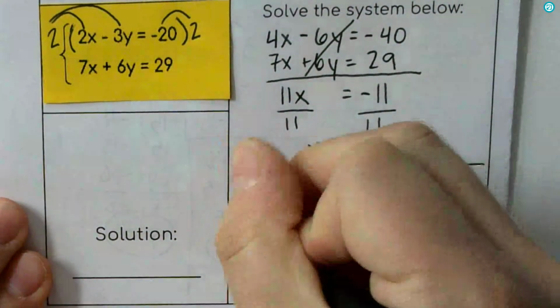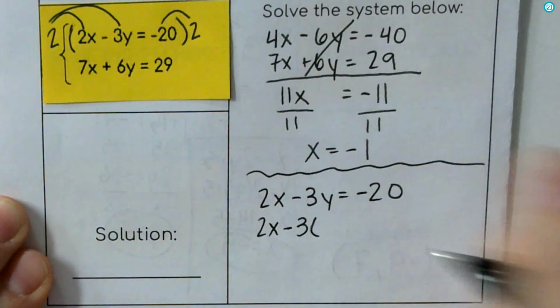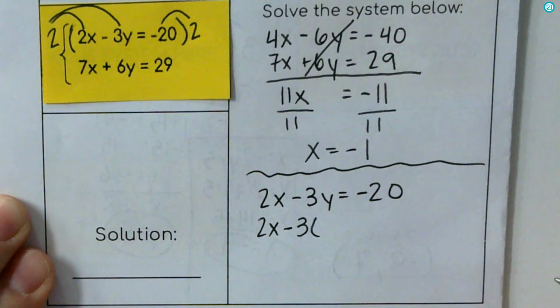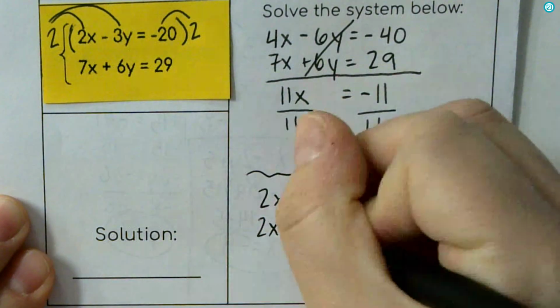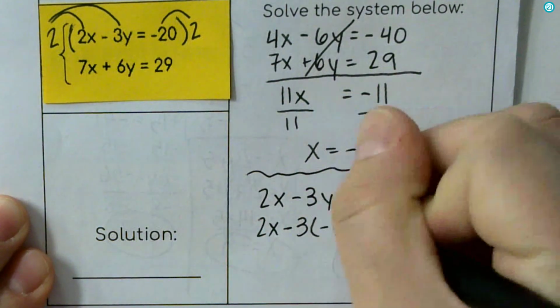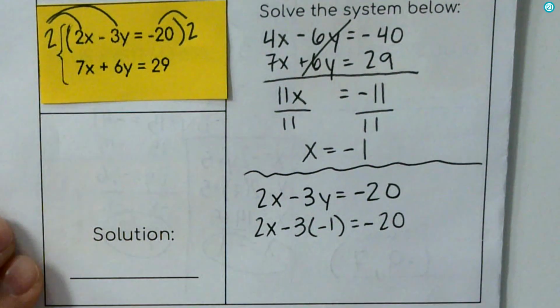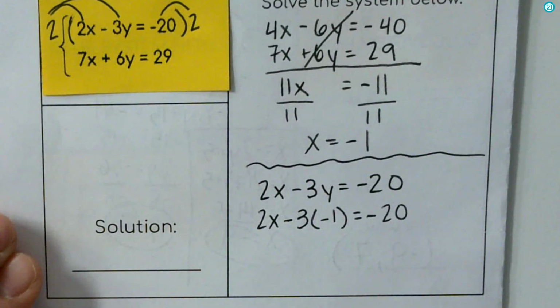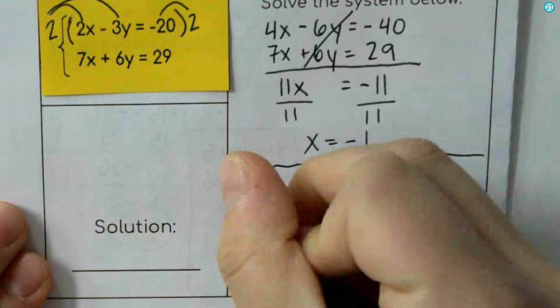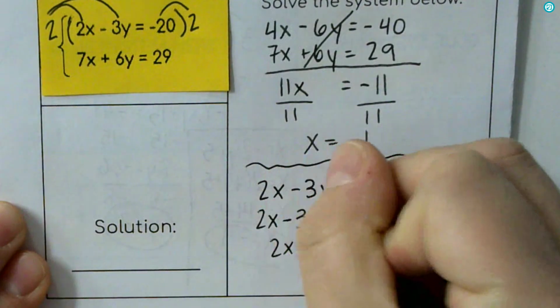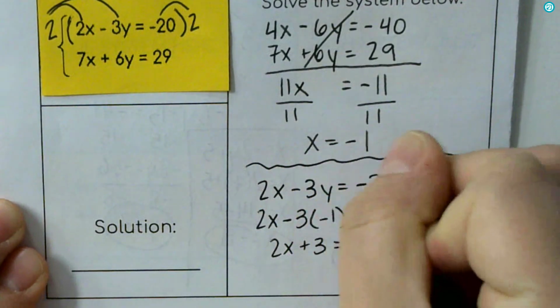So it'll be 2x minus 3 times negative 1 equals negative 20. That negative 3 times that negative 1 is positive 3. So I've got 2x plus 3 equals negative 20.